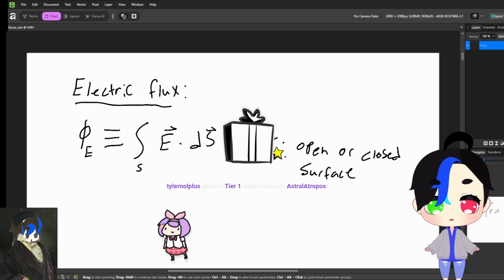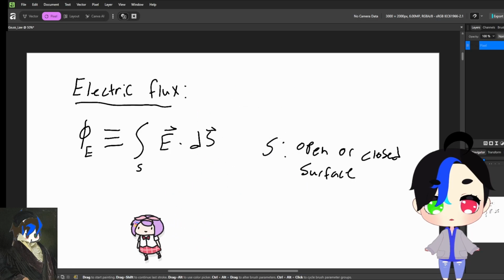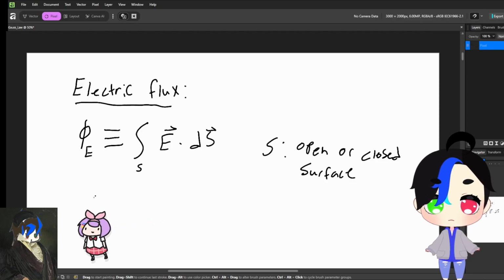So what does this flux actually tell you? What does this represent?